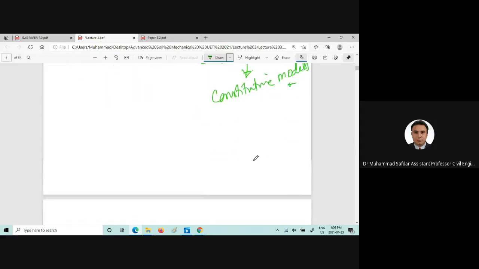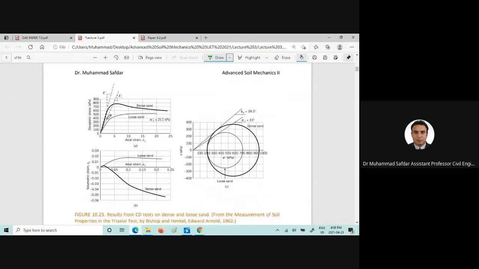But for the time being, we can clearly see that if you want to find out the initial or the tangent shear modulus, if you want to find out the secant Young modulus, we can easily find out using the deviator stress and the strain. Okay, at a particular strain level, we can find out the Young's modulus or the modulus for that particular stress or strain range.